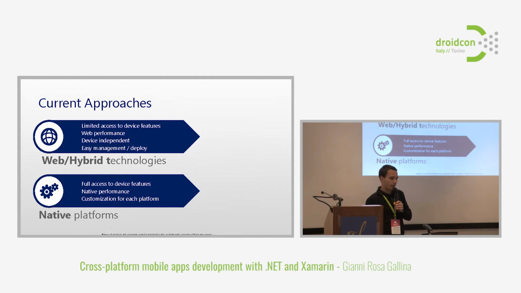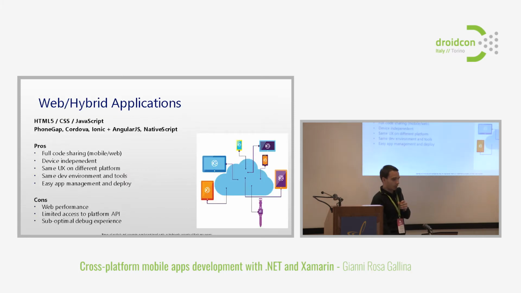The web hybrid technologies substantially means that we develop with HTML5, CSS or JavaScript, and use some frameworks like PhoneGap, Cordova, Ionic plus AngularJS, or NativeScript. The pros of these hybrid applications is that we have full source code sharing, both on mobile and on web. We have independence from the device, so we develop once and it runs on three platforms.